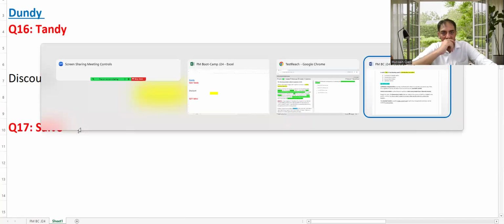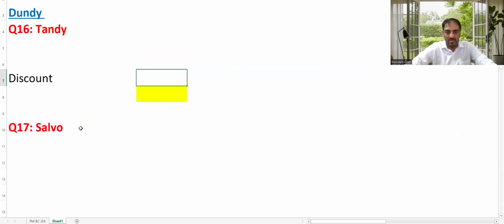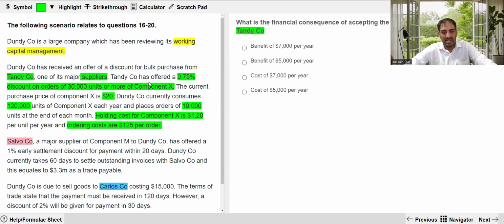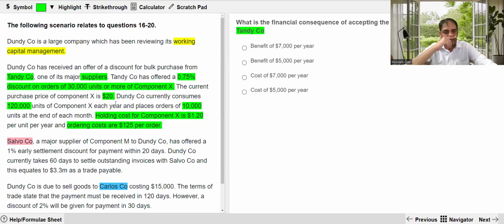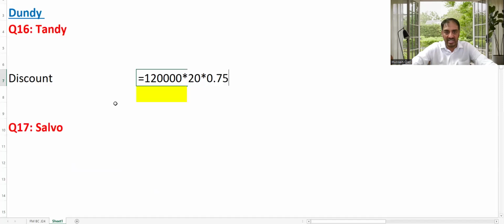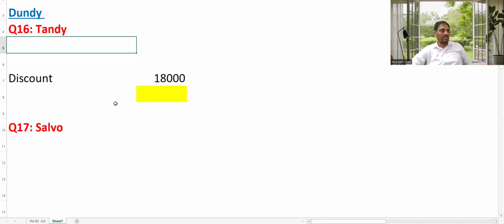That's simple. Here we are purchasing 120,000 units. 120,000 multiplied by the price of $20, and the supplier is offering a discount of 0.75%. So the absolute benefit is 18,000.